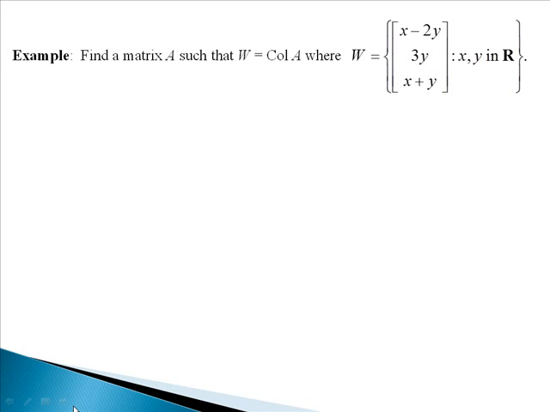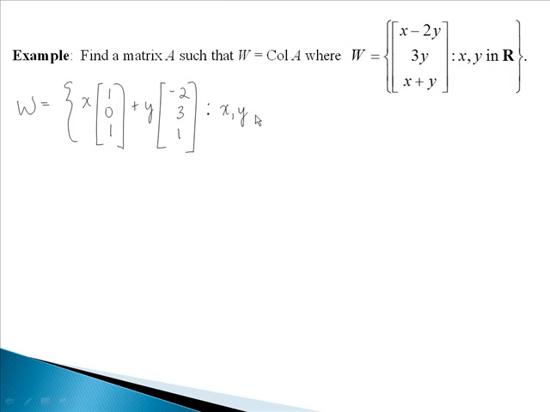In this example, we want to find a matrix A such that W is equal to the column space of A, where W is equal to this set of vectors where each entry satisfies these equations, where x and y are real numbers. So we can rewrite our space W as the set of all vectors x times 1, 0, 1 plus y times the vector -2, 3, 1, where x and y are real numbers.